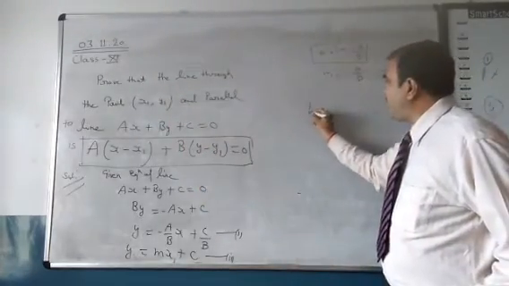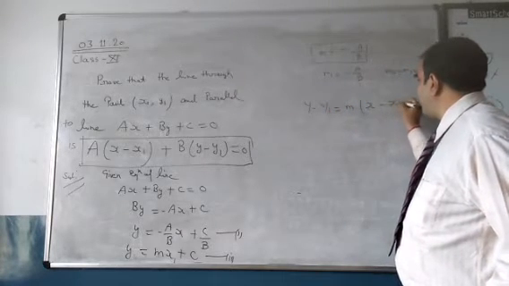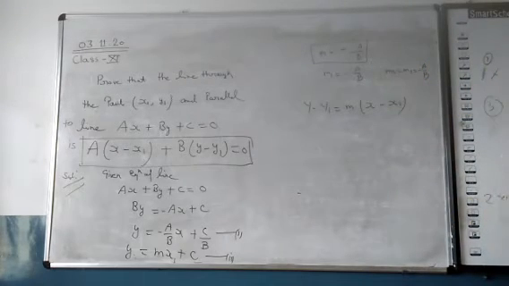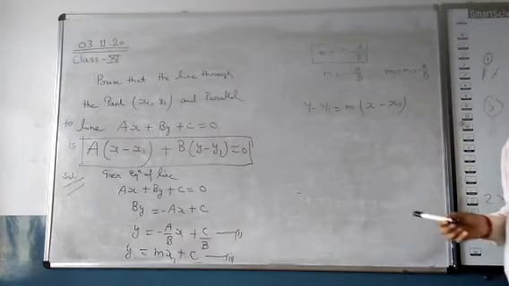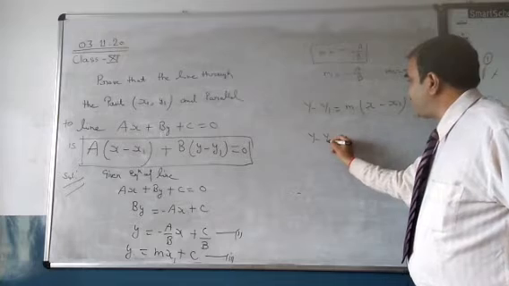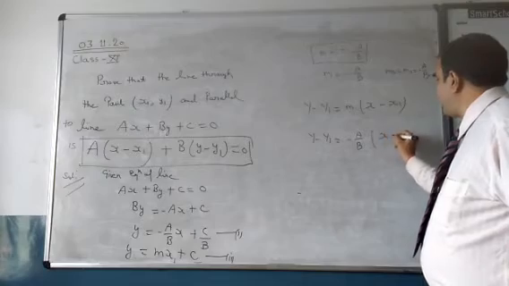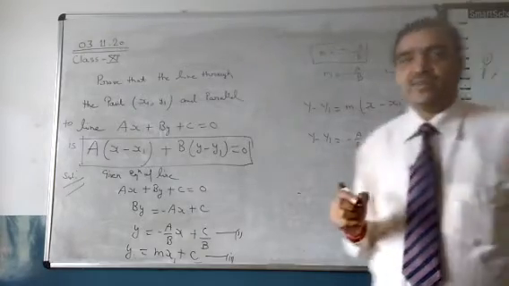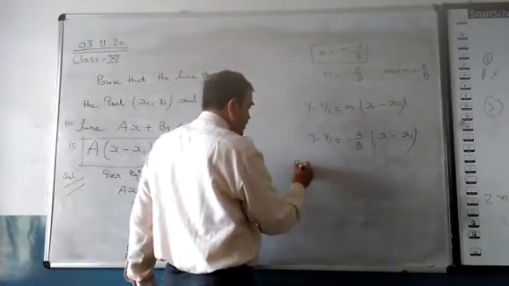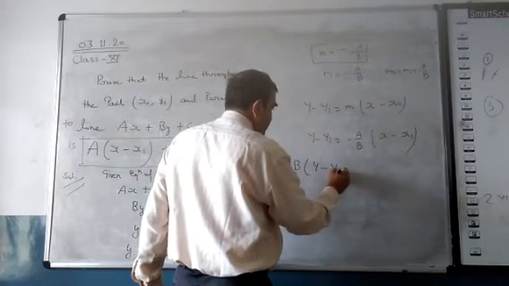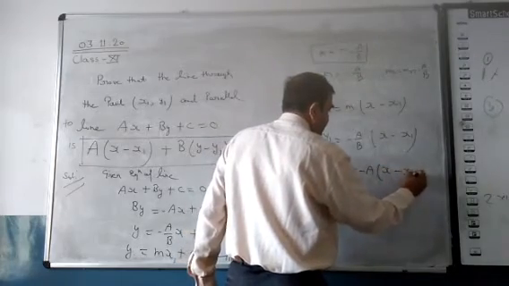Therefore the equation is y minus y1 equals m times x minus x1, and m is minus a by b. Putting the value of m, y minus y1 equals minus a upon b times x minus x1. By cross multiplying, b times y minus y1 equals minus a times x minus x1.